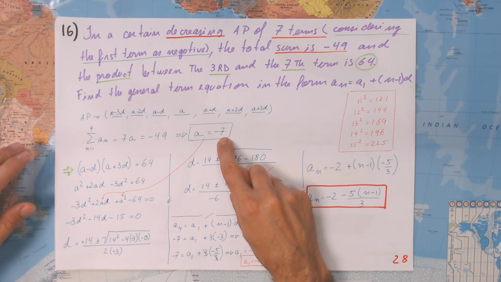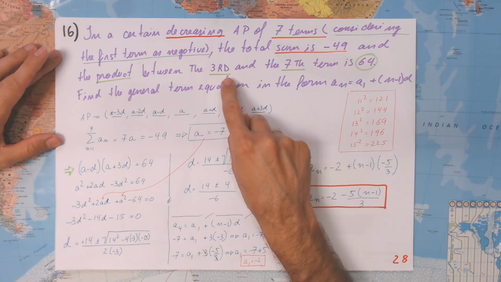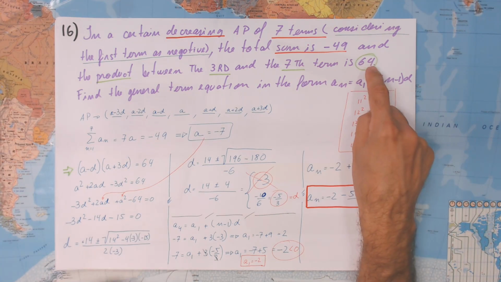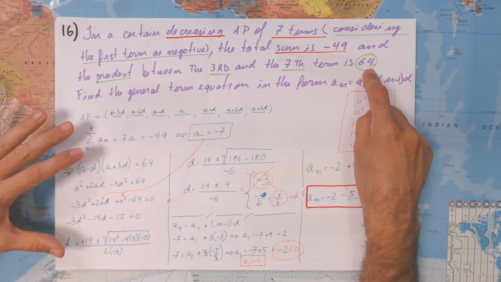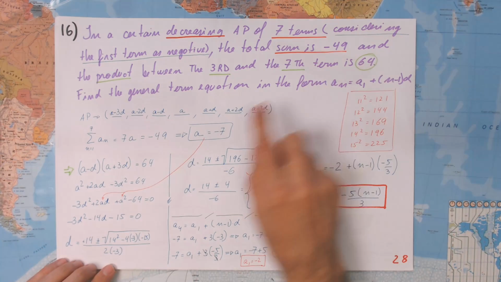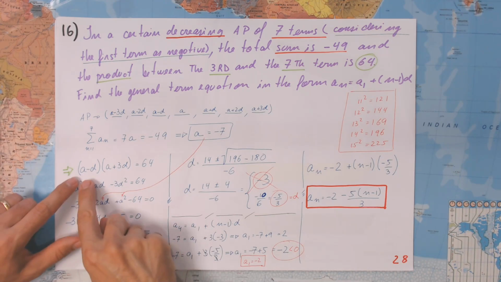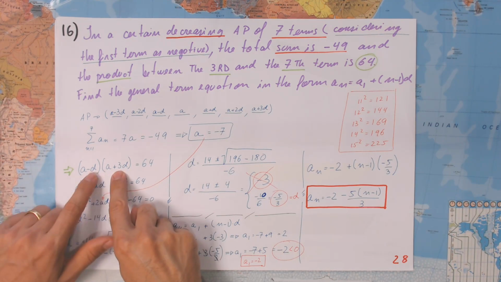Then we are going to use the information multiplying the a3 by a7, and that is 64. We solve everything trying to use this information, the product of those two terms.